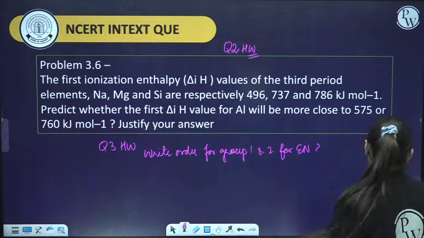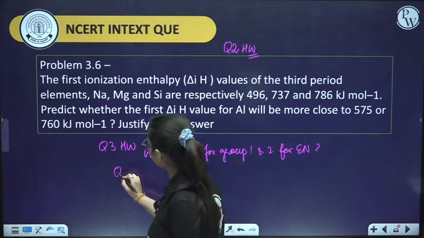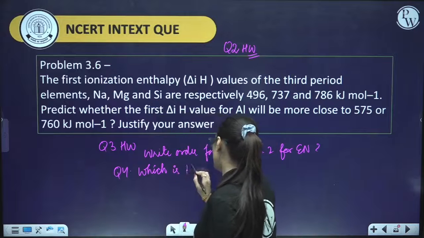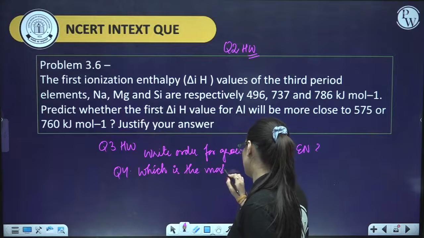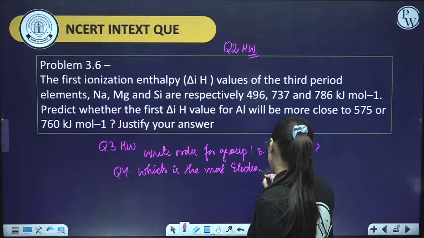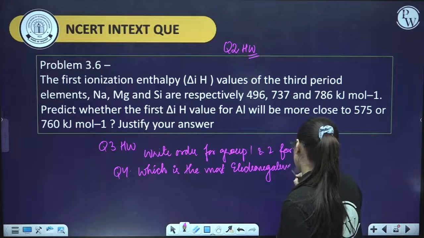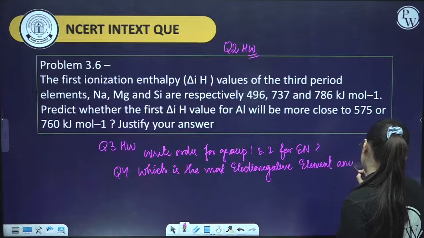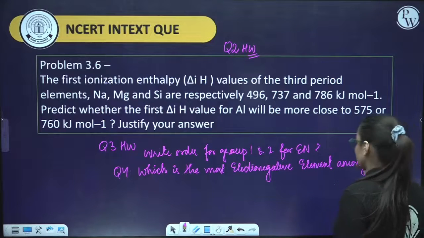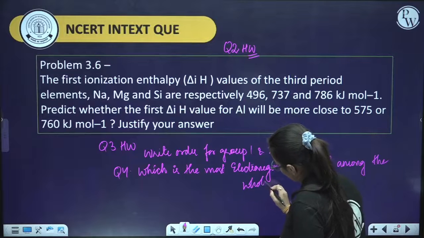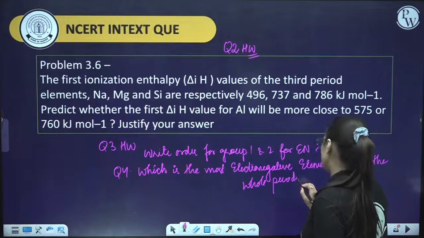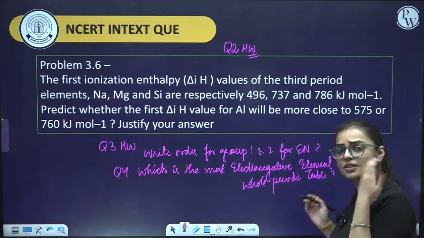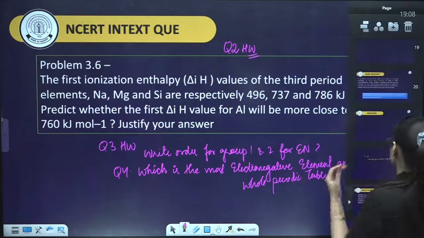And one more question: which is the most electronegative element among the whole periodic table? This you will be able to tell me by writing the trends in periods and group, and it's very easy, no exception, again repeating. I guess homework you have written.